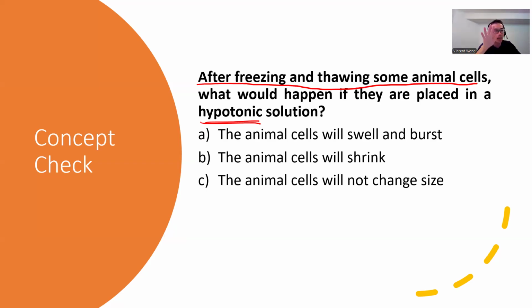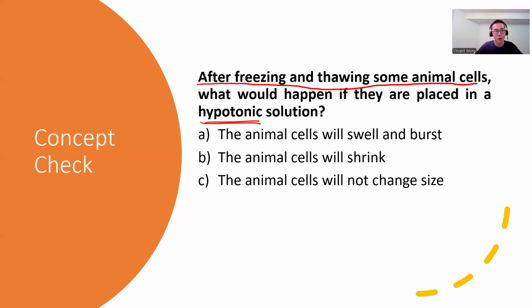Anyone else? What happens to its volume if you freeze water? Well, if you don't know, it's going to expand. You can fill up a water bottle, put it in the freezer, and afterwards you see that it got bigger.